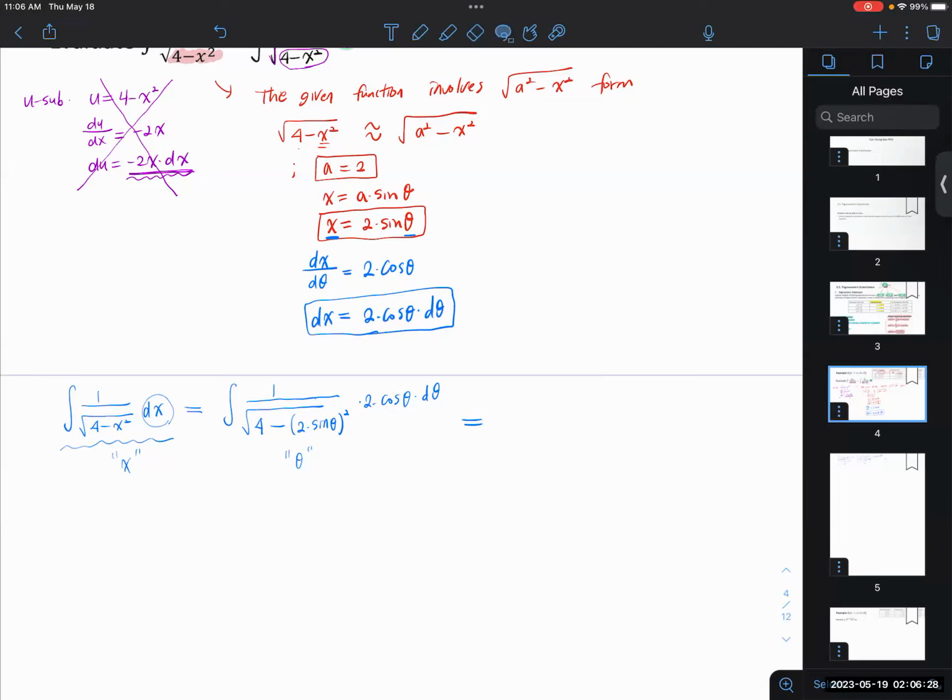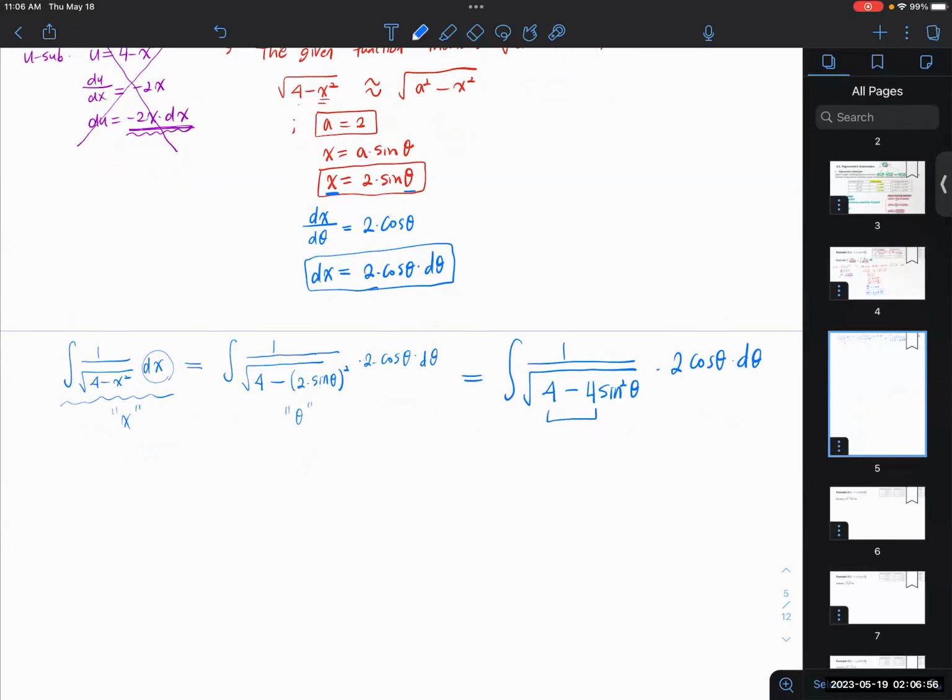Now I can simplify. This is the integral of 1 over the radical of 4 minus 2 sine theta squared, which is 4 sine squared theta, times 2 cosine theta d theta. Then I can find the common factor: 1 over radical 4 times 1 minus sine squared theta, and I keep 2 times cosine theta d theta.